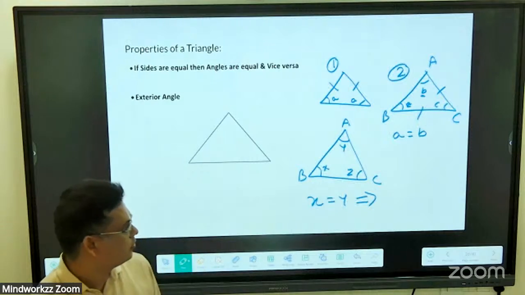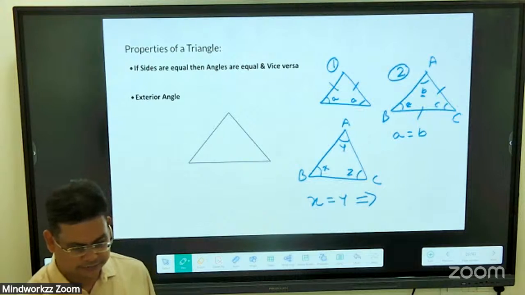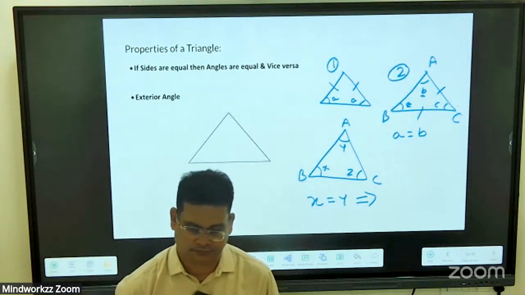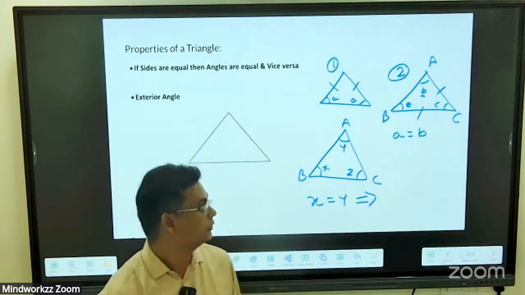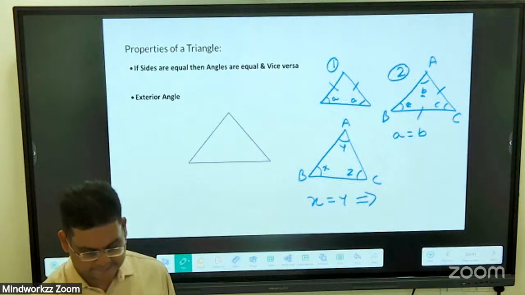X is given to be equal to Y. Which angles will be equal? Can anyone confirm? Winnie, Jackie?